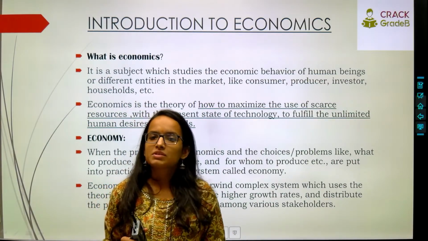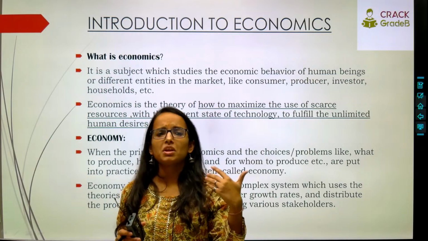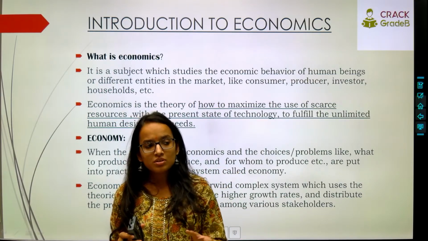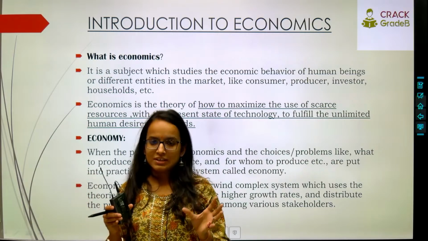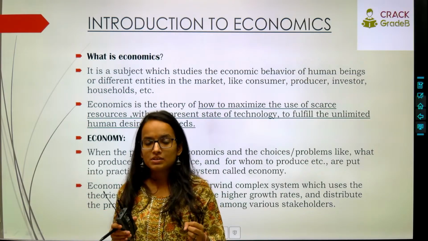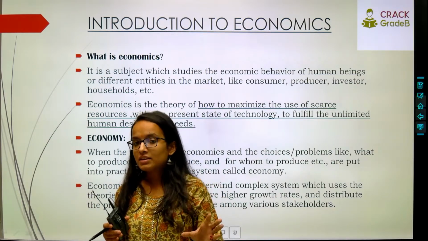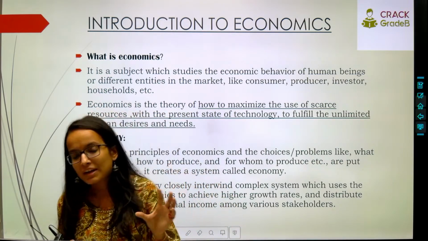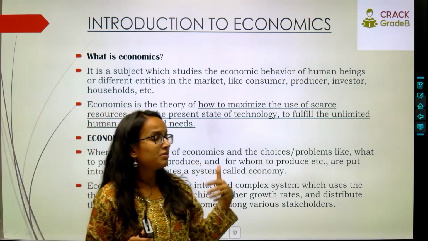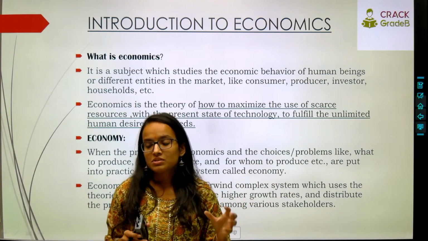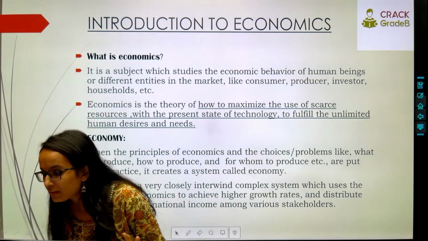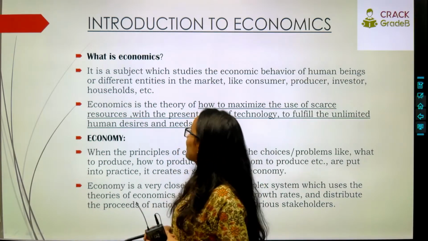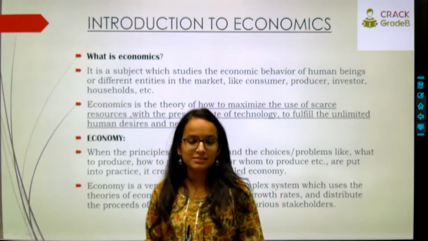Because you must have seen in recent years, be it UPSC, be it SEBI, be it RBI, be it any examination, the application portion is being asked by the examiners. They are not requiring candidates who are mugging up the content. So our focus would not be on mugging up the content or the facts or the definitions. We'll try to understand the concepts, right? So let's first start with economics as a subject.